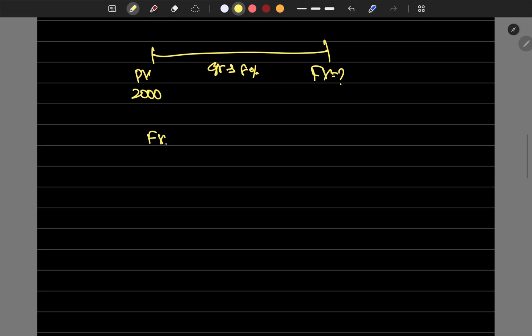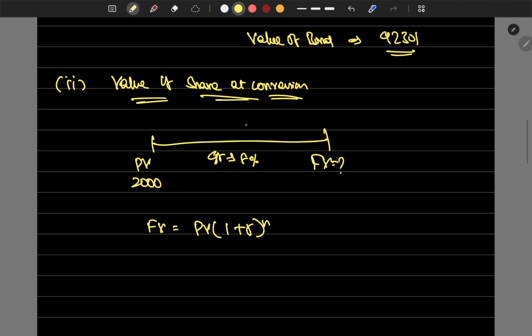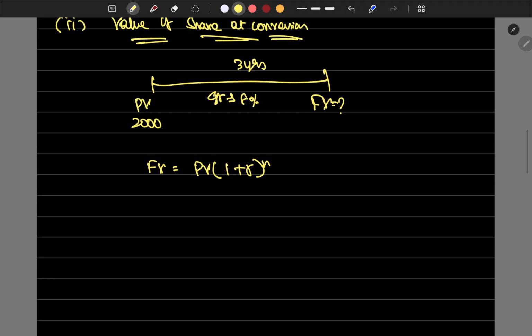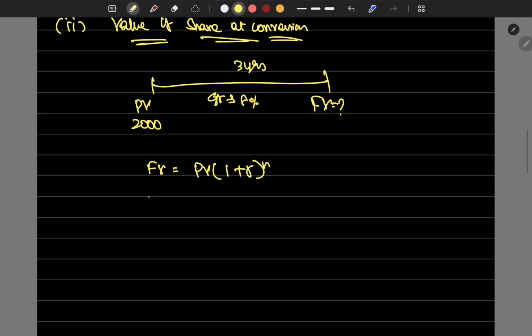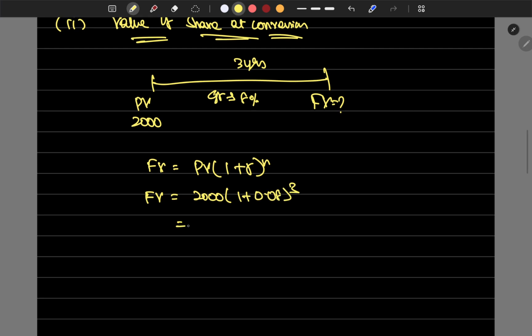So FV is equal to PV into 1 plus R, the whole power n. We know the period is 3 years, right? Now the future value is what we don't know. PV is 2000, 1 plus growth rate is 1.08, whole power 3, right?